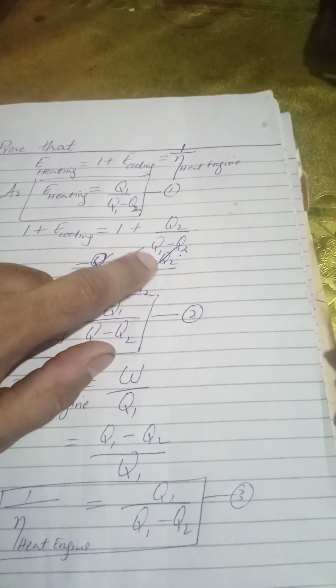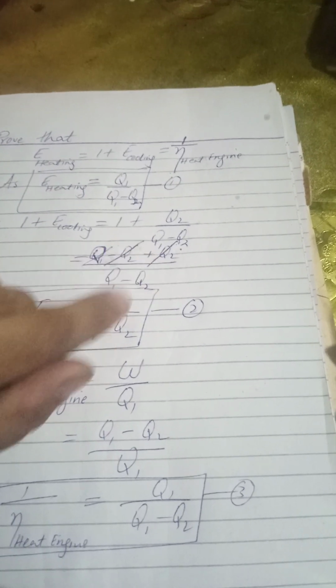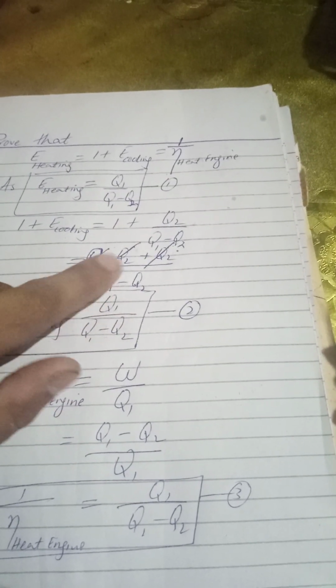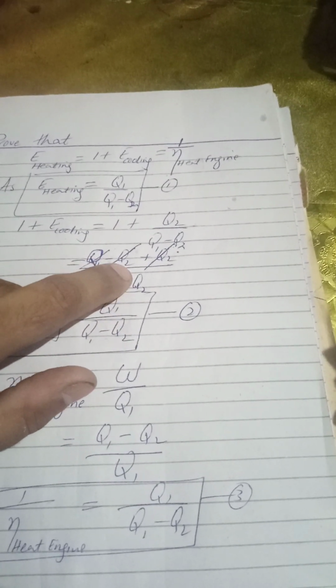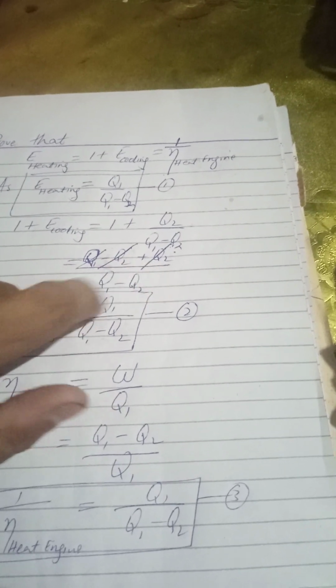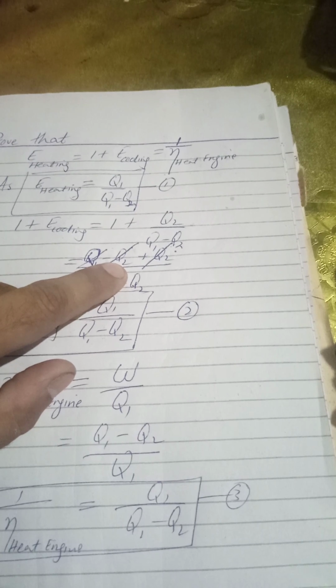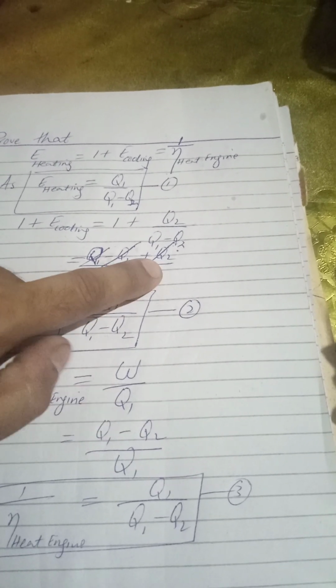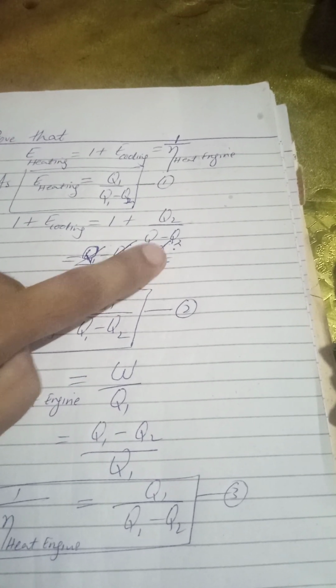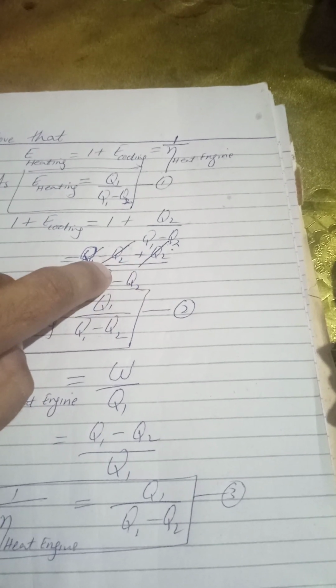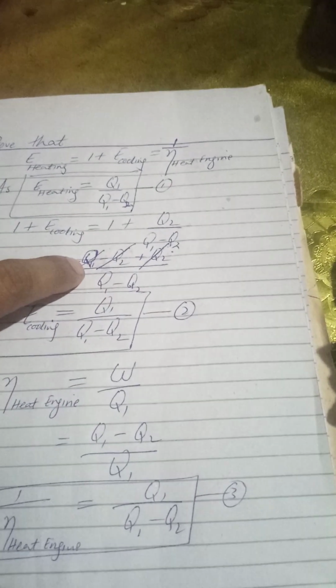Now if we take the LCM at this step, we get Q1 minus Q2 plus Q2 in the numerator. We see a term of Q2 with a negative sign and a term of Q2 with a positive sign. If we cancel these two terms, we are left with only Q1.